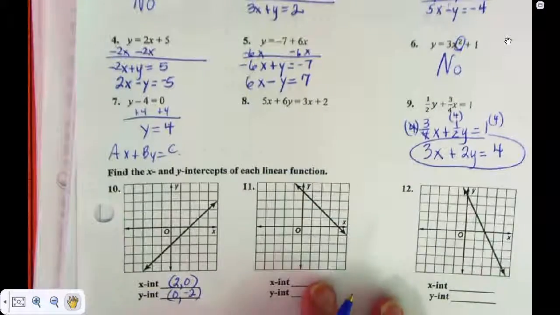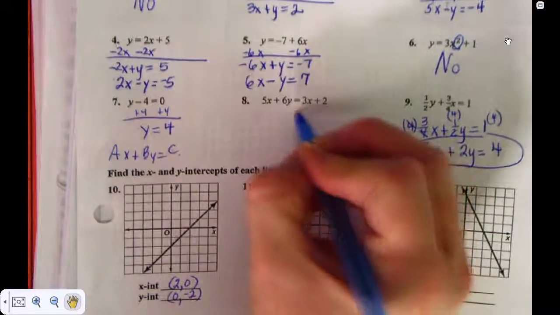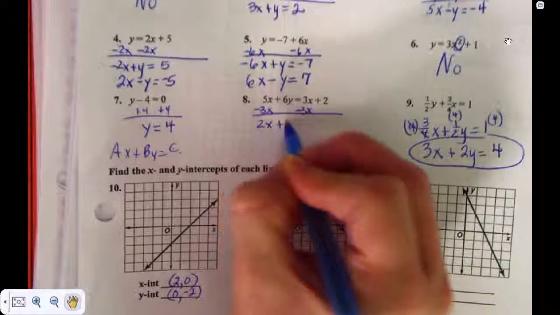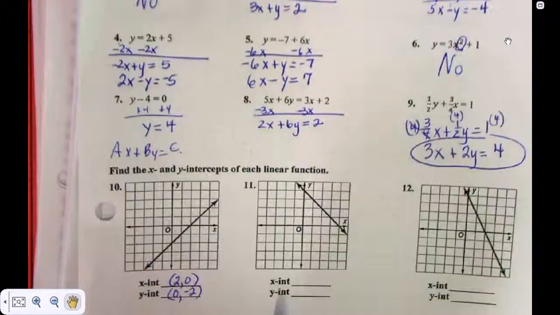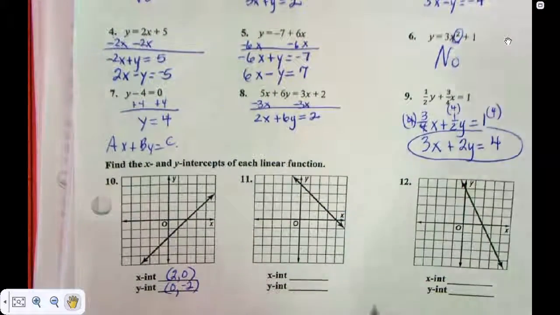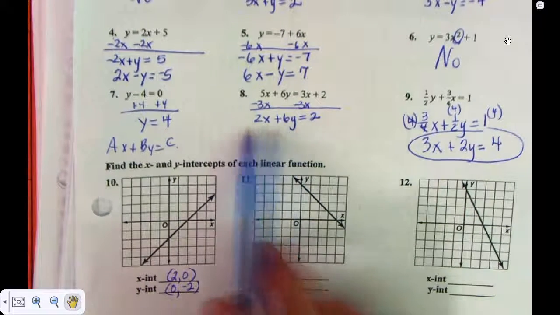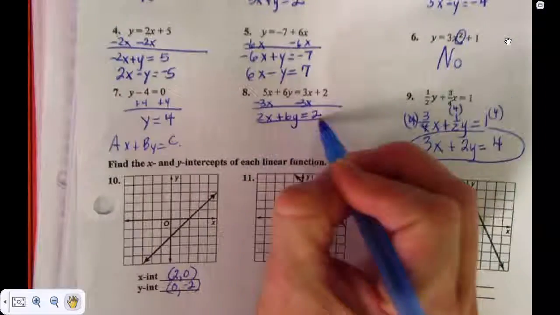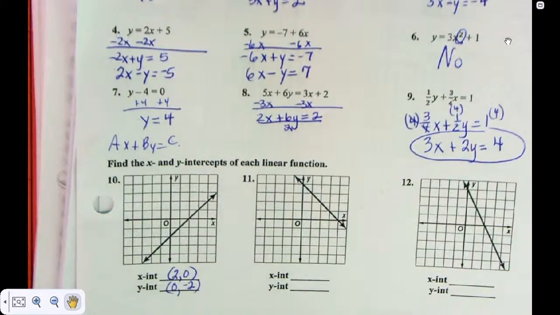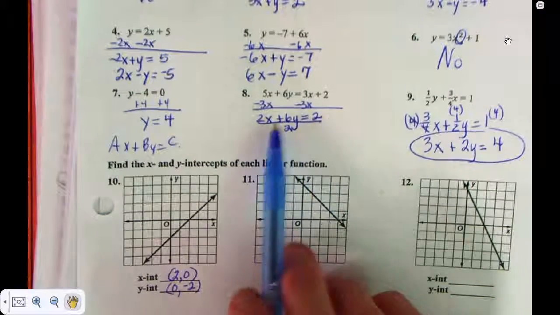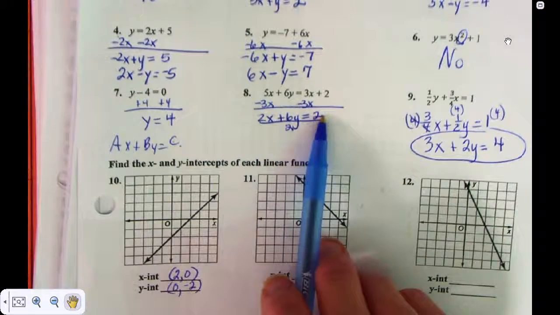Okay, on 8, all you have to do is subtract 3x from both sides. You get 2x plus 6y equals 2. Now, there's something wrong. What's wrong with it? You can reduce it. We can divide every term by 2. Remember, the common factor has to be 1. Well, the common factor is 2 here.